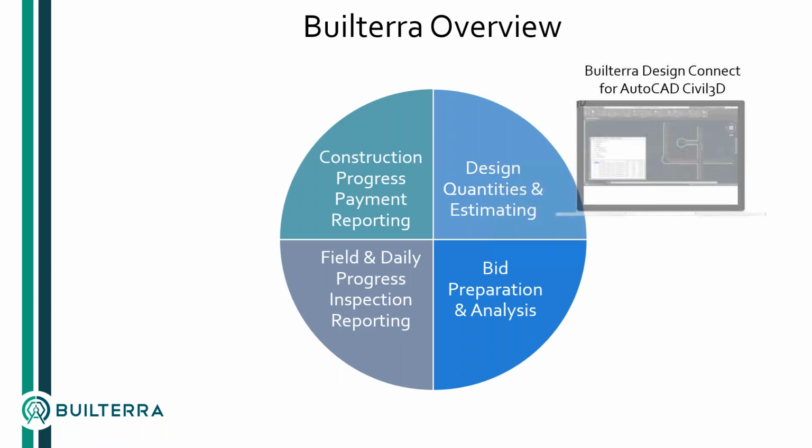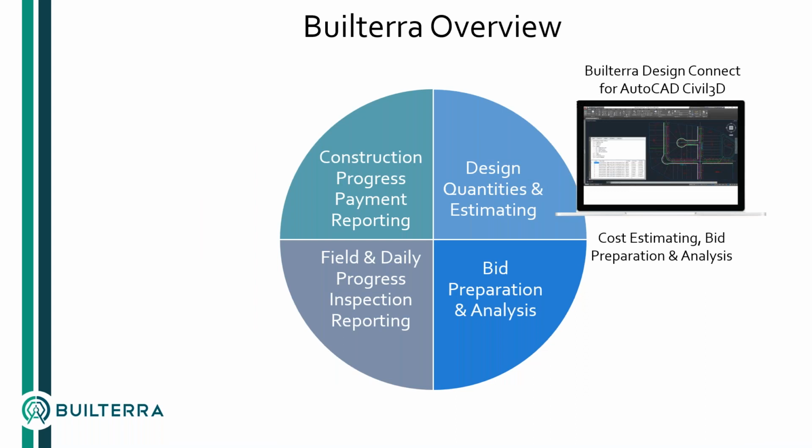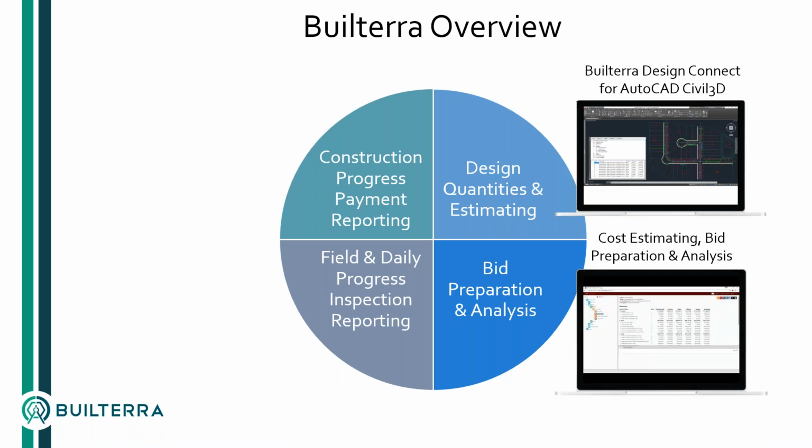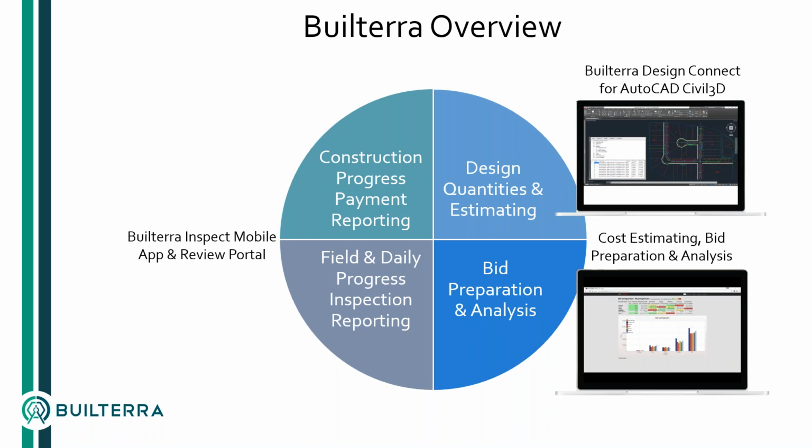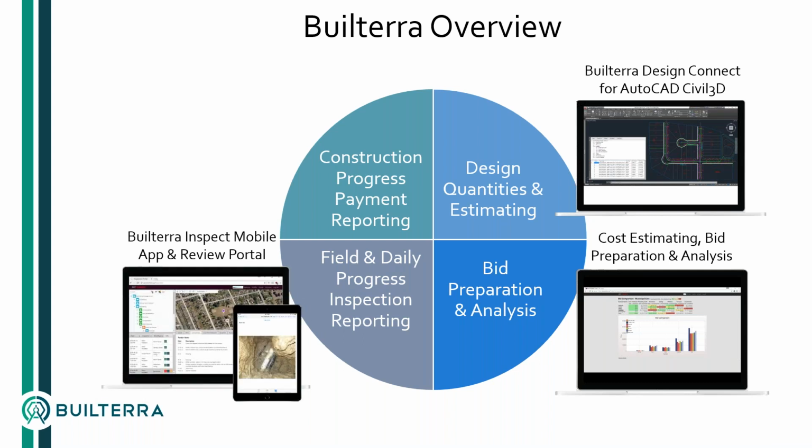So again, this is the overall workflow of Builterra. So if you wanted to, you could start in Civil 3D and do your quantity takeoffs, produce your bid items, do bid processing and analysis. So at this point, after a couple of years, we are now seeing that construction companies are using Builterra for bidding. We're getting support calls now around how to do the bid submissions and support around the contractors participating.